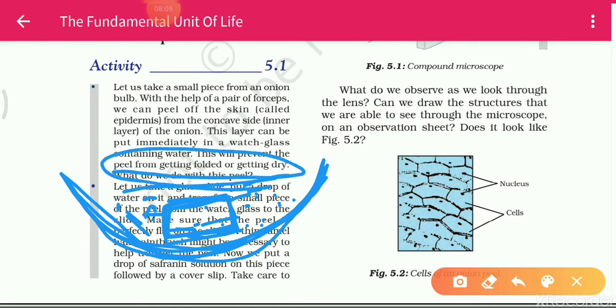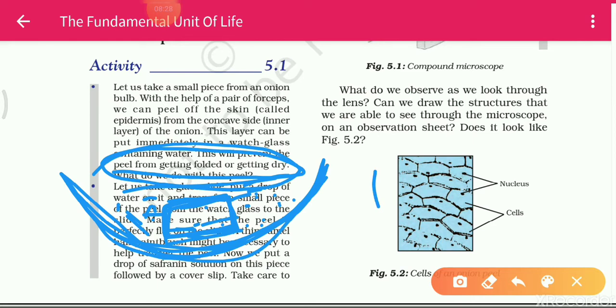If anyone asks you the question, after removing the peel of the onion, we keep it inside the petri dish in which water is present, why do we keep the peel of onion in the petri dish? Then you will give the answer: to prevent it from drying and getting folded.